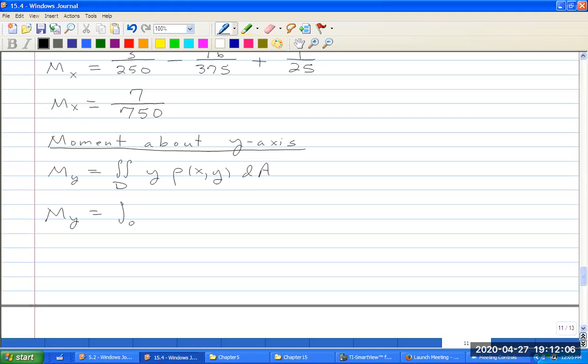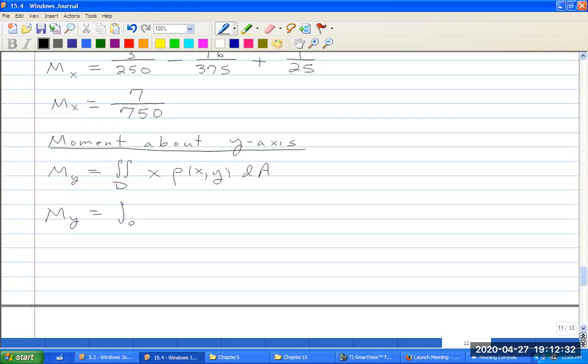Oh, wait, one second. Doing about the y-axis, I have an error here. I wrote it wrong, didn't I? Sorry about that. The moment about the y-axis, I wrote the formula wrong because we already did that.